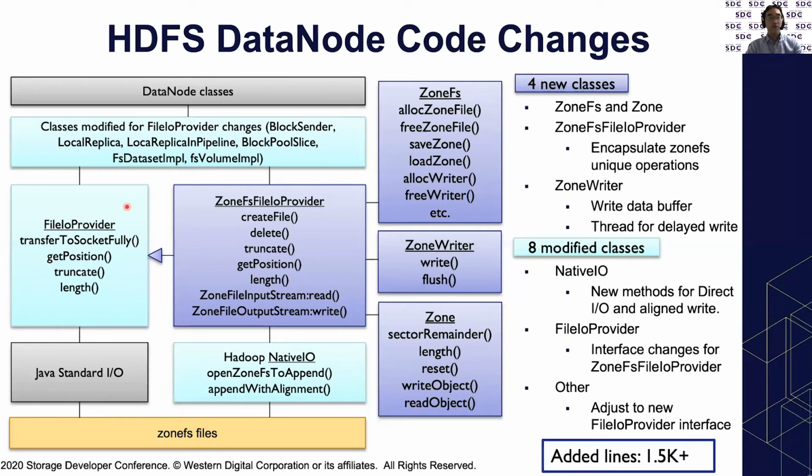This file I/O provider interface change affected several classes in the DataNodes. In total, 1.5K lines are added to HDFS to support zonefs. HDFS itself has 1 mega lines of code, so comparing this number, I can say this 1.5K lines addition is a rather small change.